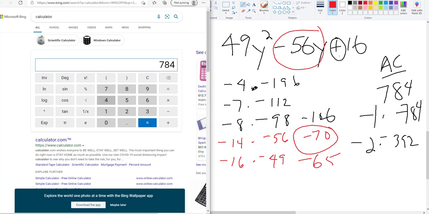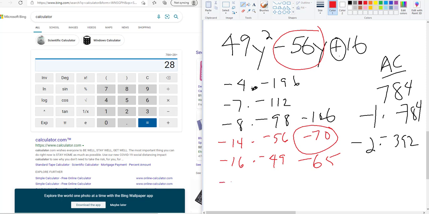784 divided by 17 won't go. 784 divided by 18. 784 divided by 19. 784 divided by 20. 784 divided by 21. 784 divided by 22. 784 divided by 23. Yes, I got to keep going. 784 divided by 24, 25, 26, 27, 28.